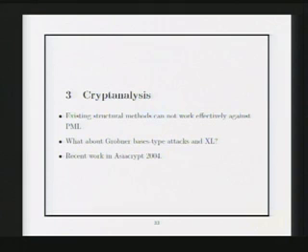So we did some work to check how effectively global basis attacks could be used against the perturbed cryptosystems. We know there's the global basis and also the XL method. Unfortunately, last year at Asiacrypt 2004, two research groups, one in France and one in Japan, showed that the new global basis method proposed by Faugère is much more efficient than XL. Therefore, the only thing we have to worry about is global basis.